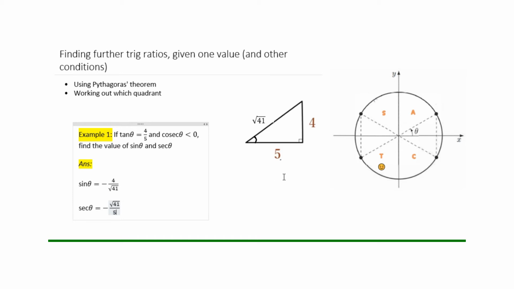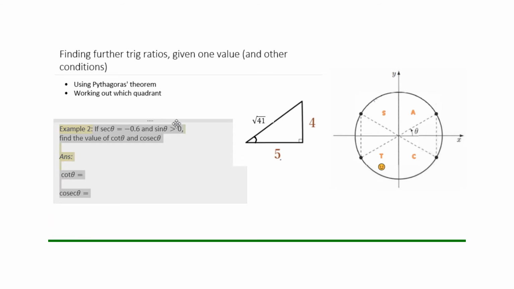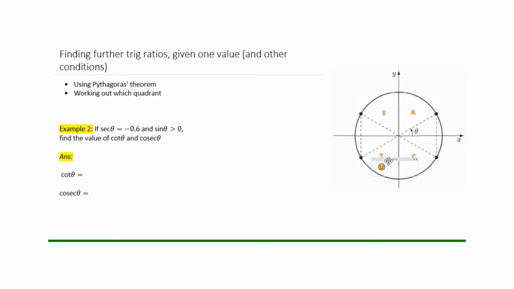Alright, so let's try another example. We have example 2 over here, so let's remove what we don't need. Now we are given sec, and the ratio is not in fraction but in decimal, but keep in mind we can convert decimal into fraction.